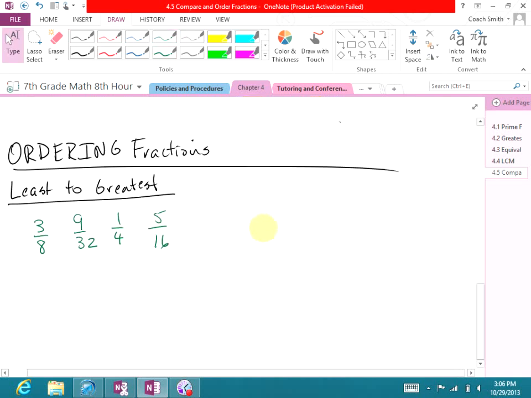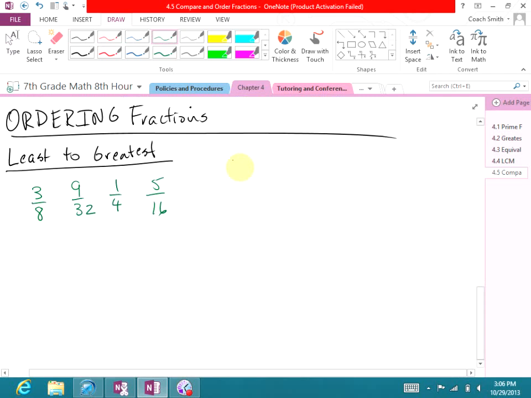So, same thing here. We must have common denominators to order the fractions.